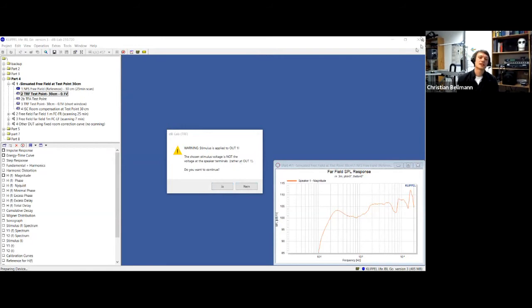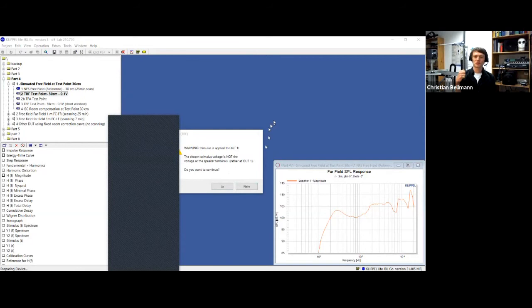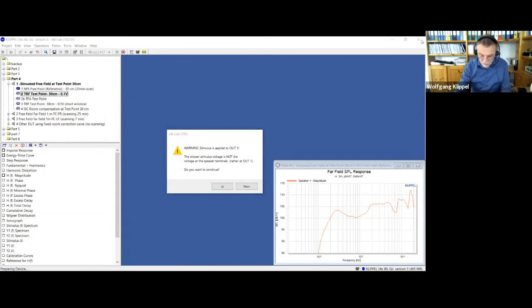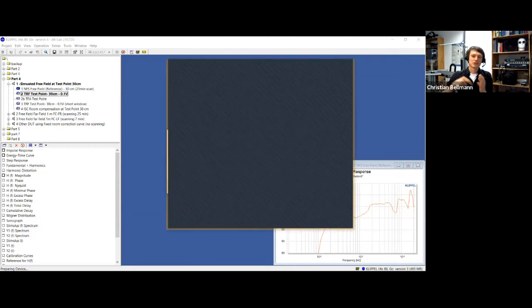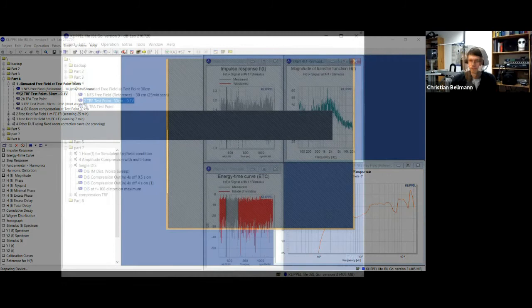So maybe I just explain a little bit more what we want to do with the other measurements as well. The first task is we just want to measure a near field free field response. And then in the other techniques, we will use our full scan, what we have done before, which took us 25 minutes, to get also a frequency response at 1 meter, corrected with a full compensation curve. And then finally, from this complete scanning, complete directivity data, we want to go back to a simple correction curve.